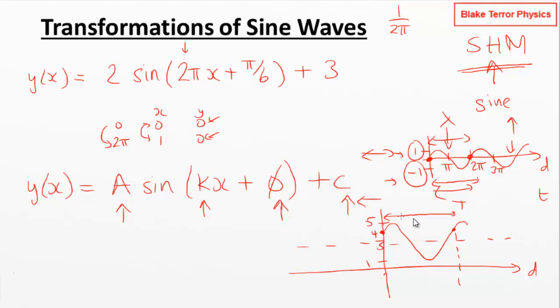If we want to set this graph in motion, we've got this snapshot here. We've said we've got y as a function of x for fixed time. Well, if we want to set this in motion, all we're doing is having a time variable phase shift. If our translation left and right here that we did, which was our phase shift, our phi that we've added in here, if that translation varies with time, then the wave will be set in motion.